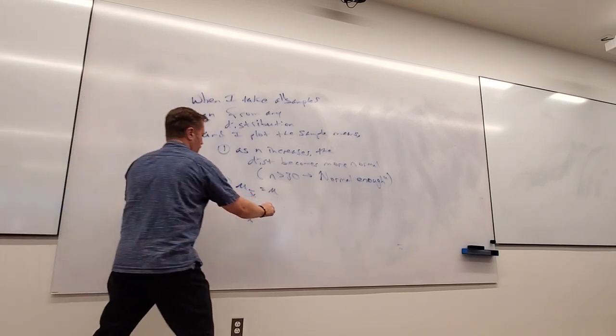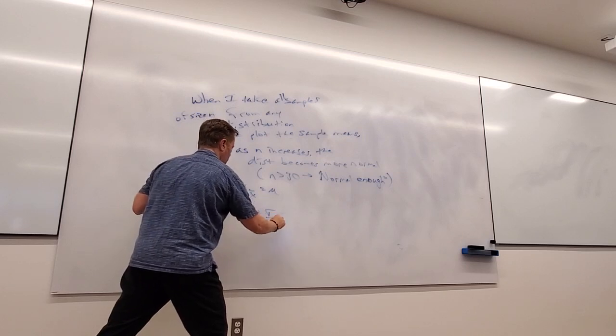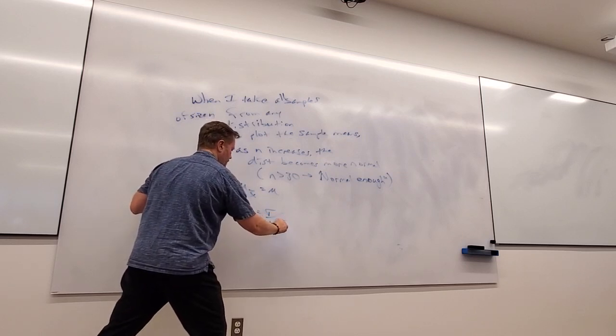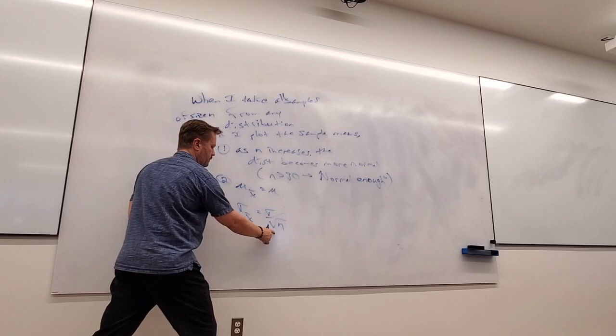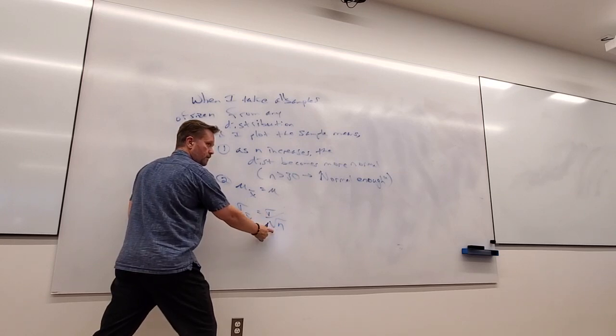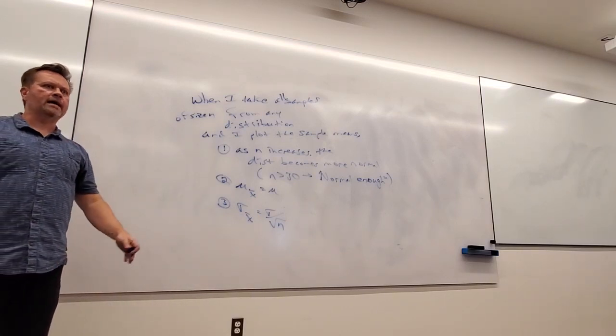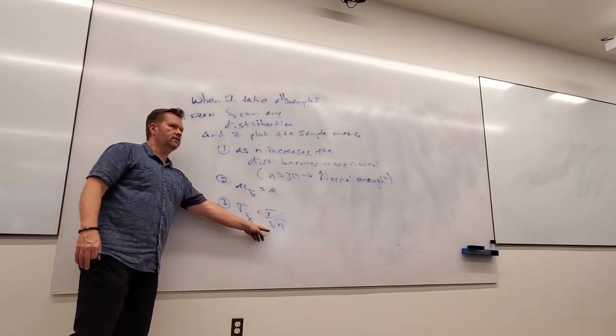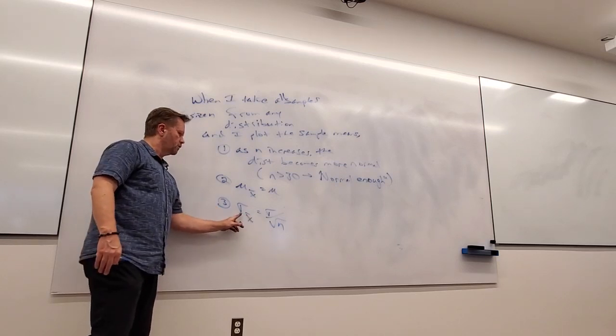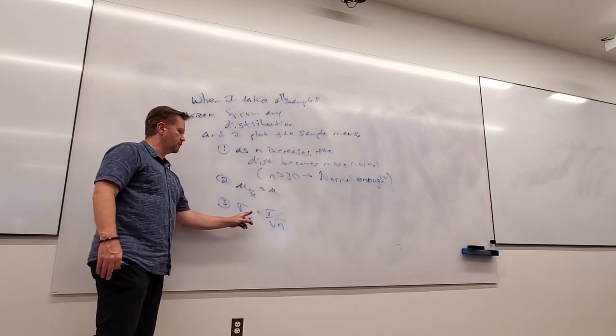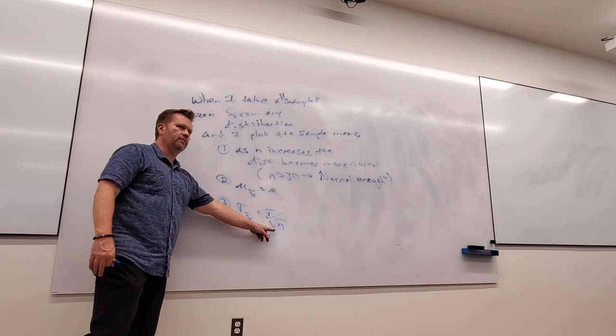So it kind of makes sense. It doesn't make sense why it's exactly this. But as n gets bigger, what does this do? The standard deviation gets smaller. There you go. So as n increases, this decreases. The new standard deviation, what I call this sometimes, is the old standard deviation divided by the square root of n.